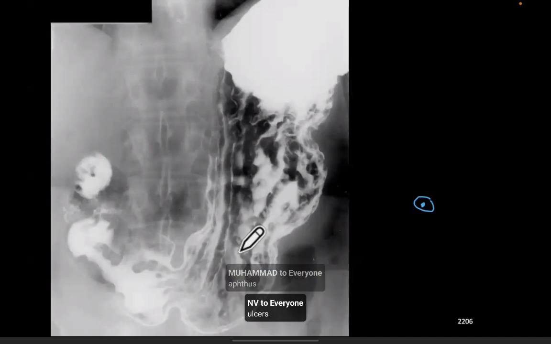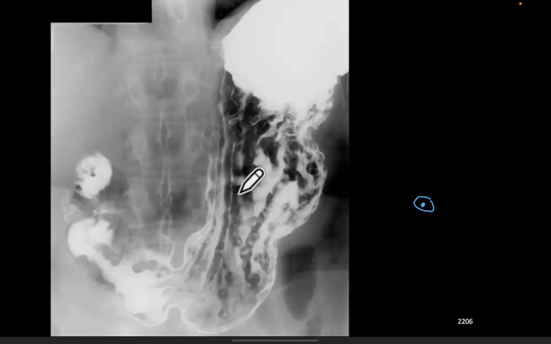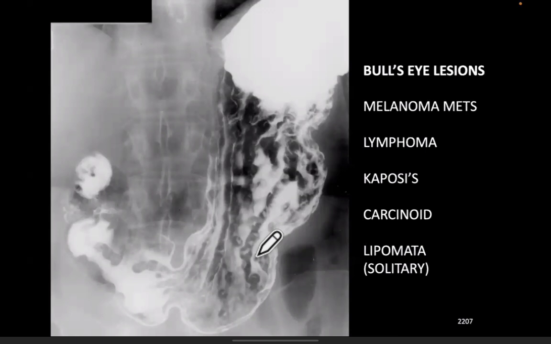And you think about the following: melanoma metastases, lymphoma, Kaposi sarcoma, carcinoid, and a solitary, if it's solitary, lipoma. Lipomas tend to be solitary, not multiple, but these are multiple. Why not ulcers?